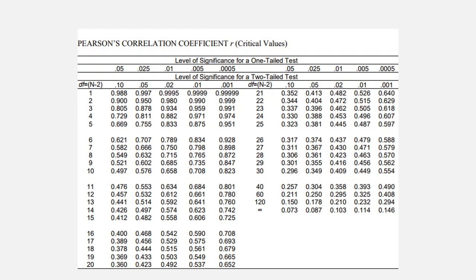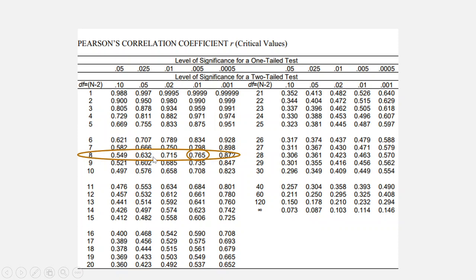Another thing I like about this table, even though you only need these 0.05 columns to determine significance, the fact that there's a variety of critical values up there at the top indicates that you can actually be a little bit more specific about which significance value you have achieved. So for example, if you look further over in that degrees of freedom 8 row, right, you know that you made it past p equals 0.05 because our r of 0.78 made it past this 0.632.